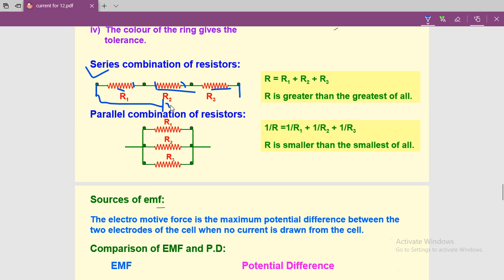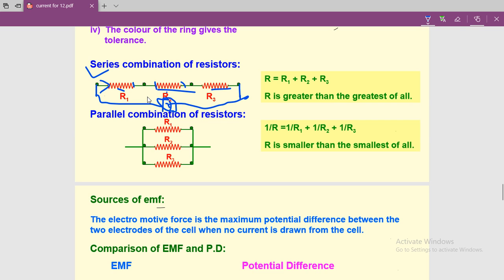Suppose this is a cell; you can connect it by wires. If you connect the cell between these two open ends, you can see there is current in this circuit. This current flows through these resistors R1, R2 and R3. So this combination is known as series combination.